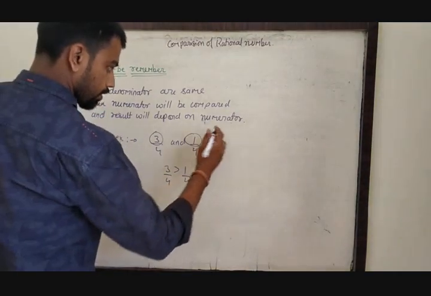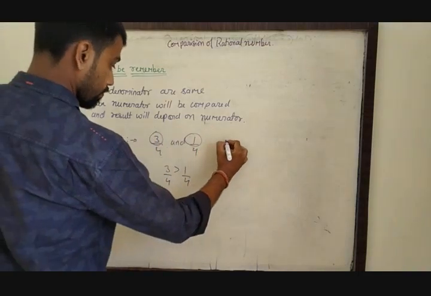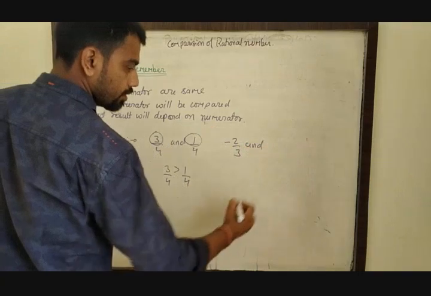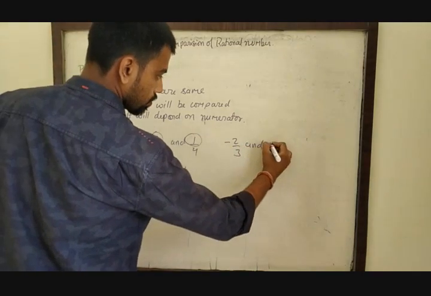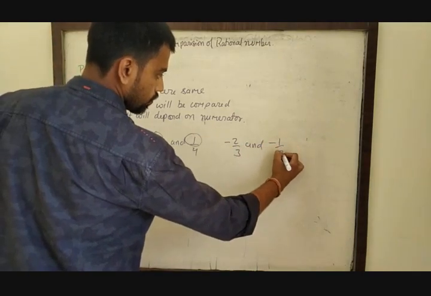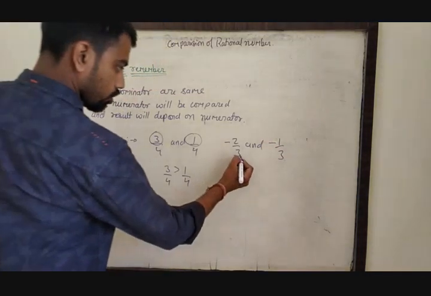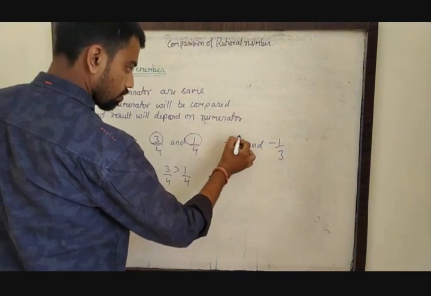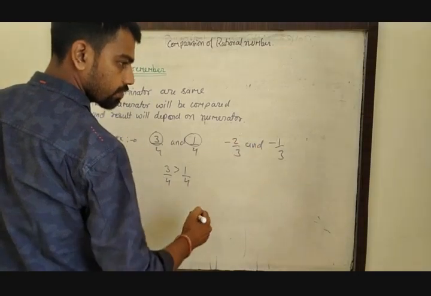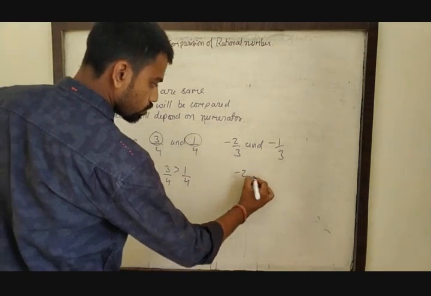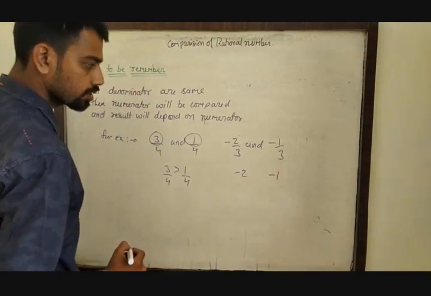Another example, if I take negative numbers, minus 2 by 3 and minus 1 by 3, which one is greater? Denominators are the same, so we will compare minus 2 and minus 1, because numerators will be compared and the result will depend on the numerator. So minus 2 or minus 1, which one is greater?